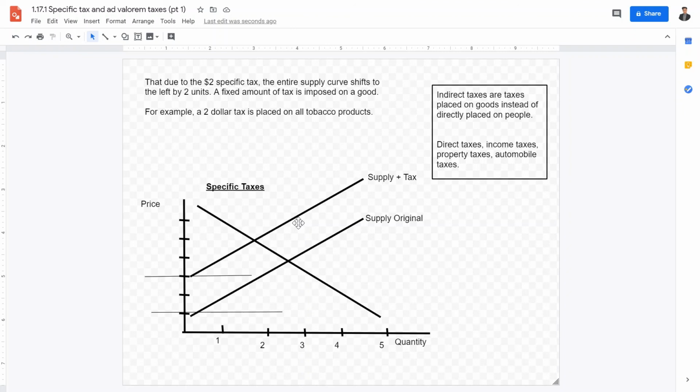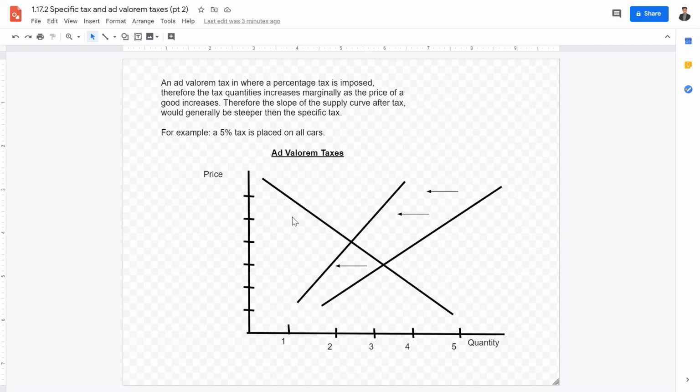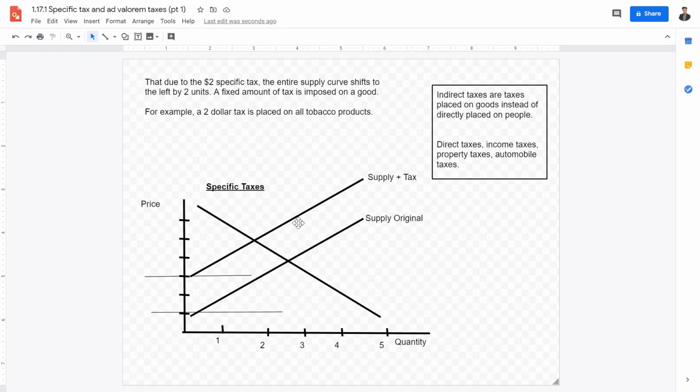Therefore, the entire supply curve shifts to the left, or shifts 2 units up. With an ad valorem tax, the slope will increase due to the marginal increases of the tax being much higher. So these are the two major taxes, the ad valorem tax and the specific tax, and we also examined the two tax types, which are direct tax and indirect tax.